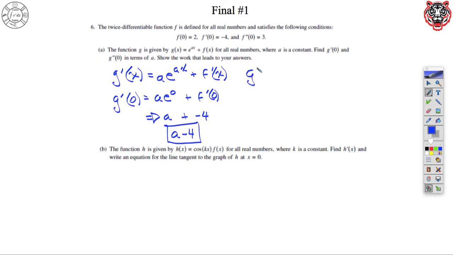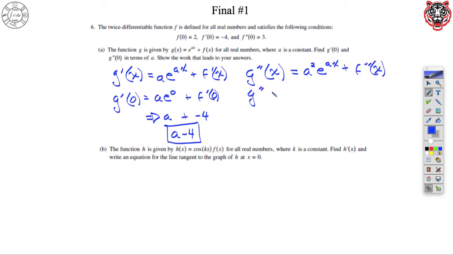Alright, g double prime of x. Kind of the same rule. We're taking the derivative of this, and you can see that another a is going to come down because this is still a constant a, it's not a variable. So we're left with a squared e to the ax plus f double prime of x.